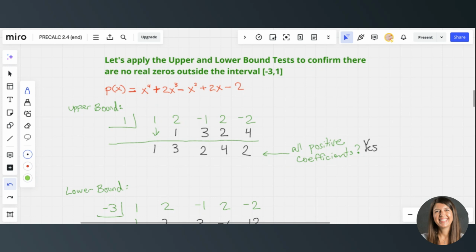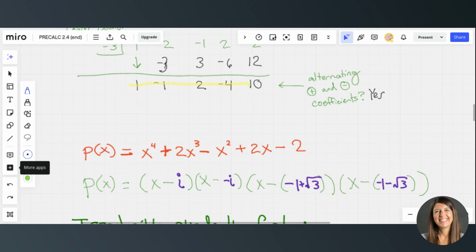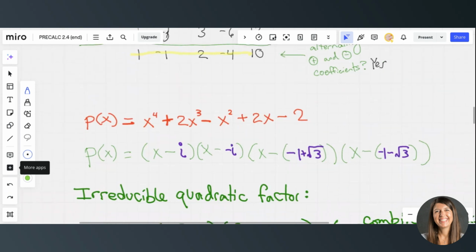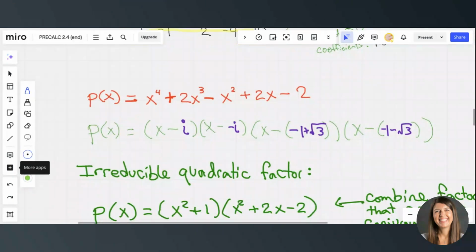I'm turning to page 99 now in our textbook if you're following along. All right, we're still talking about p of x, that orange example 6 above. And we talked about the roots. We already gave the answer what the roots were. We said it was all that I have here in blue. So it was i and negative i, and negative 1 plus or minus the square root of 3.